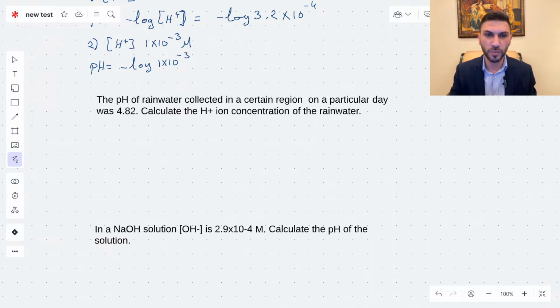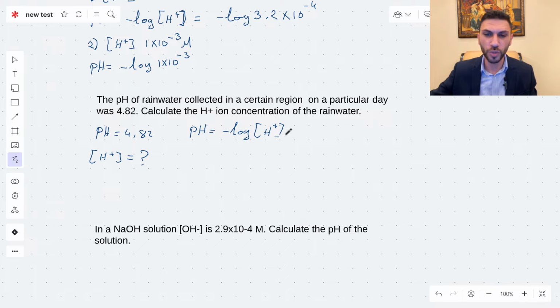The other example now is when you have the pH and you are asked to find the concentration of the ions. The pH of rainwater collected in a certain region on a particular day was 4.82. So this is the pH you are given. And what they are asking you is to calculate the concentration of H positive in the rainwater. We know that pH equals negative log the concentration of H positive.